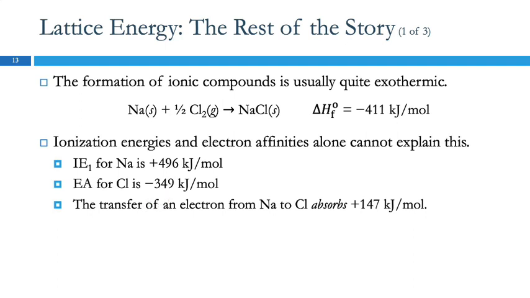So we add those up, and we get +147. So this is predicting that when sodium and chlorine react, it's not going to give off 411 kilojoules, it's actually going to absorb 147. So something's wrong with how we're thinking about this. And what's missing is lattice energy.